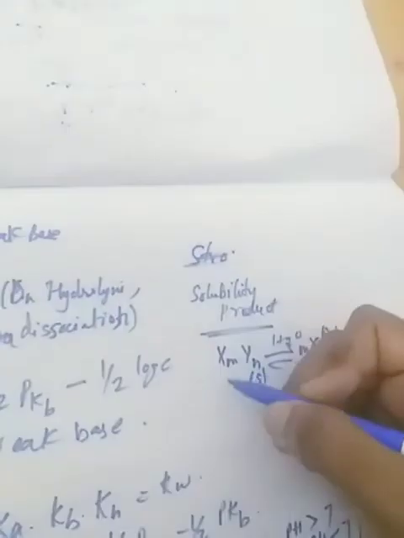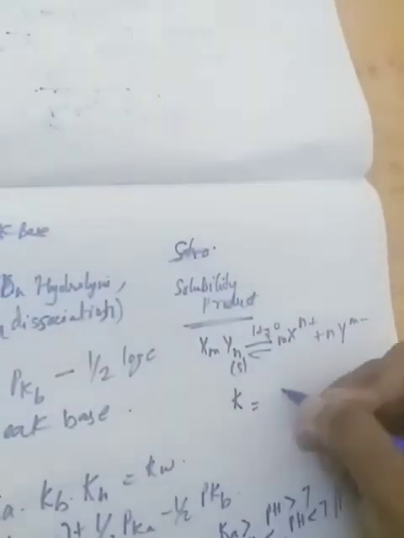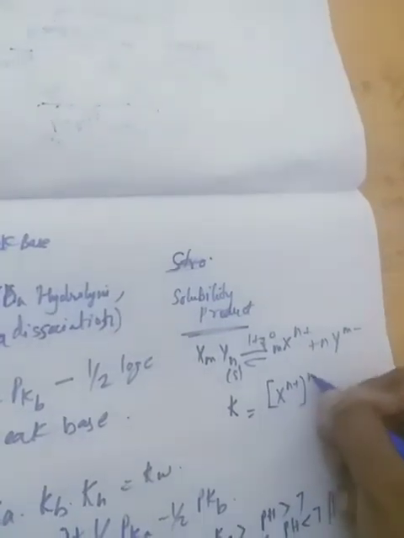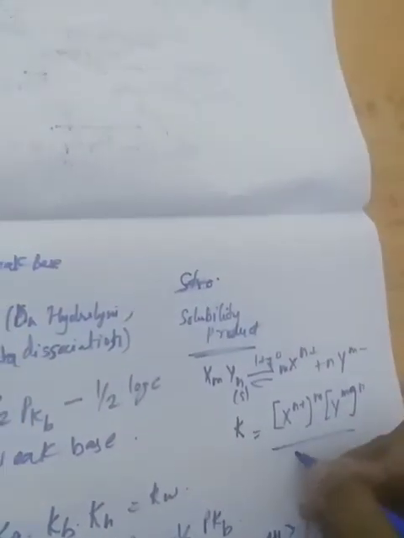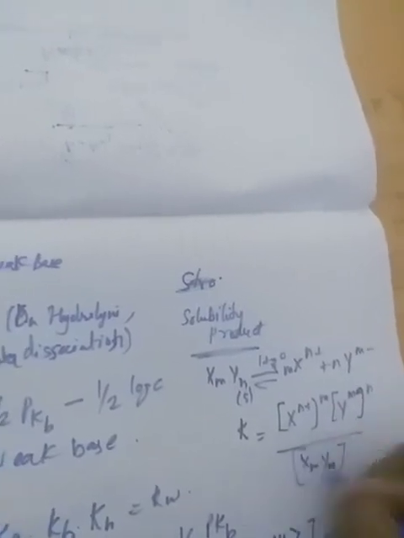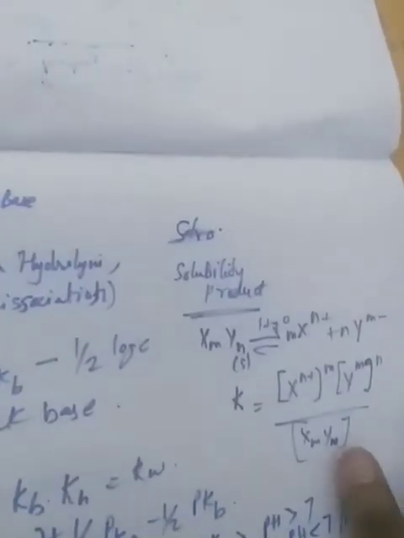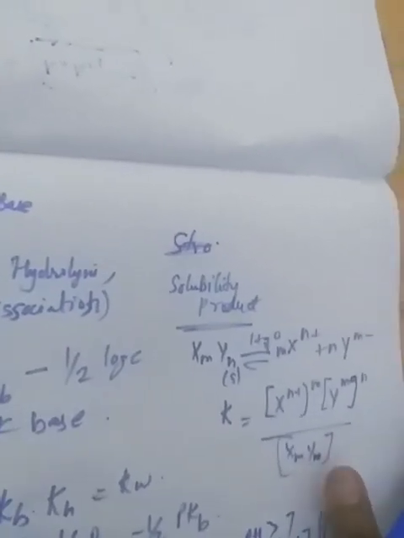This is an approximate equation. So how will I write the equilibrium constant? It is X n plus to the m, Y m minus to the n, divided by XmYn. This is how I will write the equilibrium constant as usual, as we derived for the acid and base.